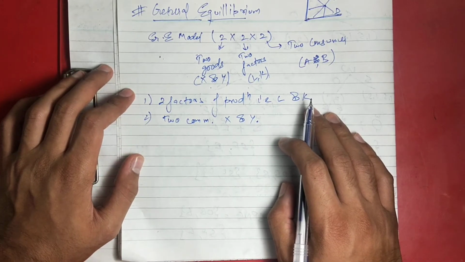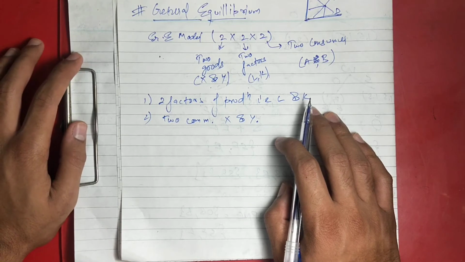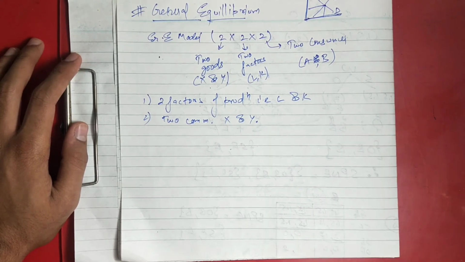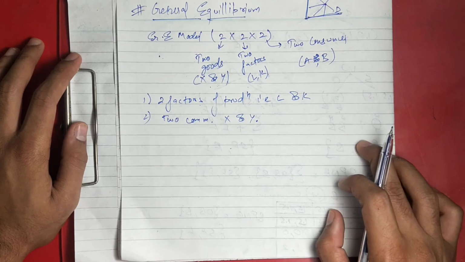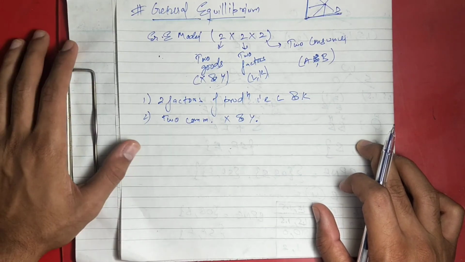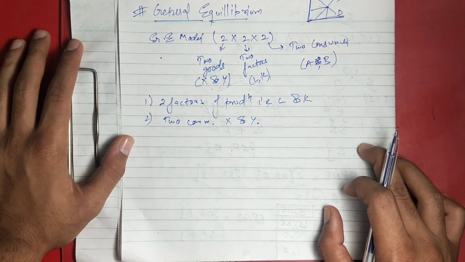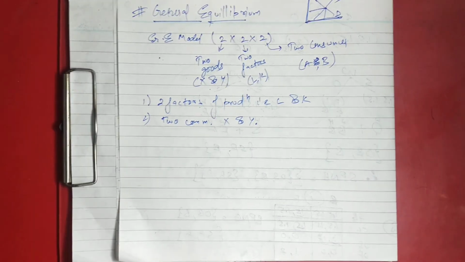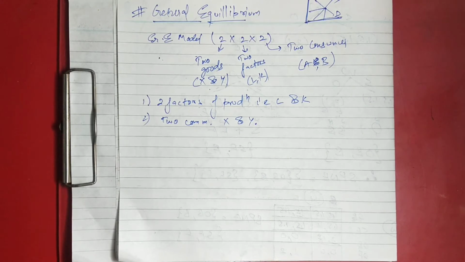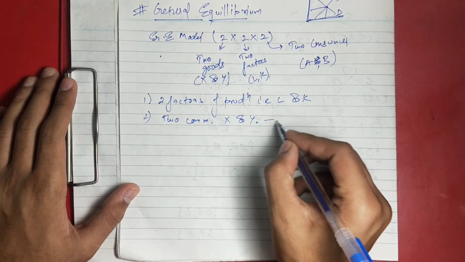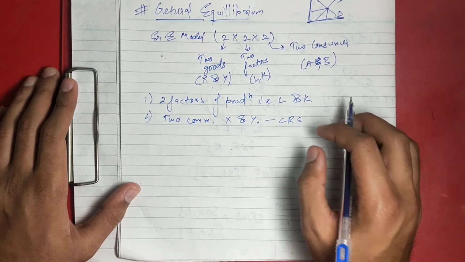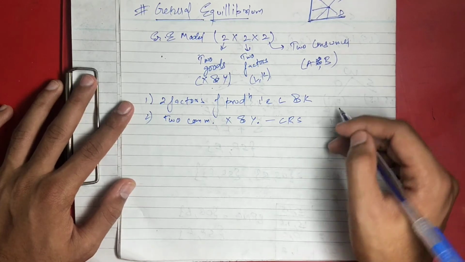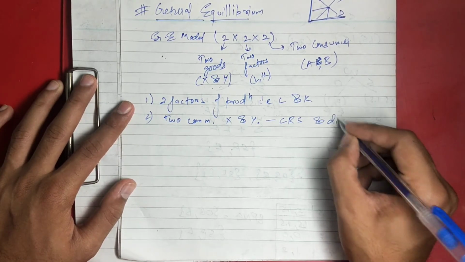And you know what an isoquant is: it gives the different levels of input that provide you the same level of output. It is just the replica of what you studied in consumer theory, the replica of your indifference curve. Okay, so this was the second assumption, and I am writing here CRS. It follows constant returns to scale and diminishing MRTS.